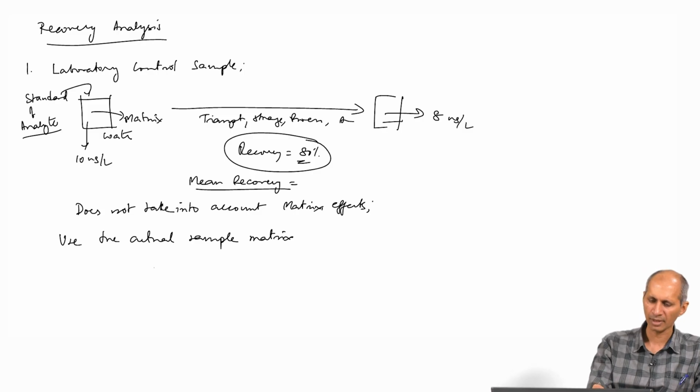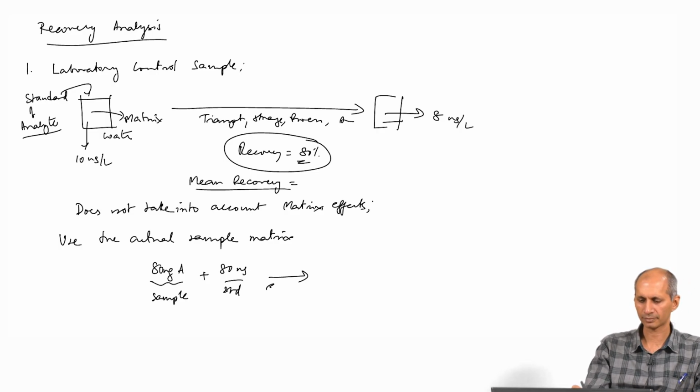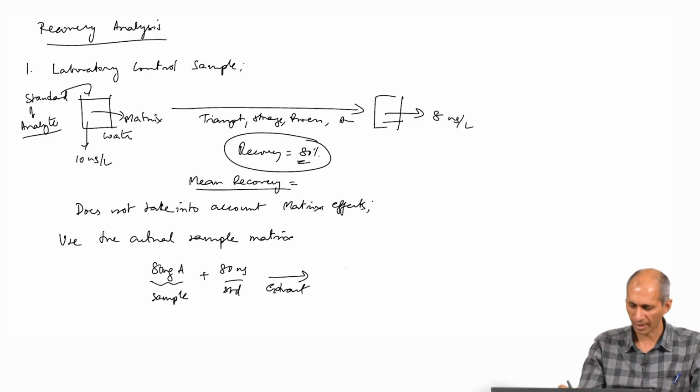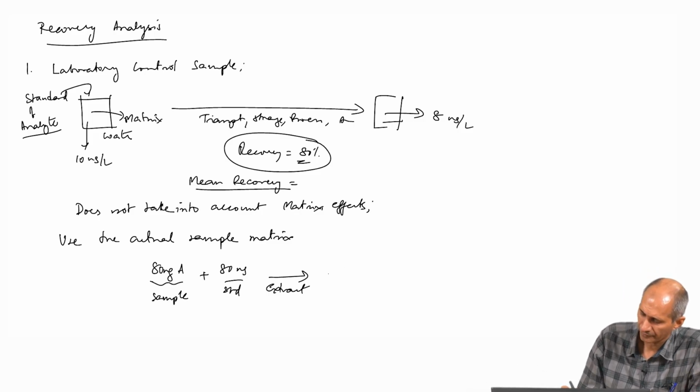So, for example, let us say I have 80 nanograms of A that is already there in the sample, to which I add 80 nanograms of the standard. I extract, and I end up with, say, 100 nanograms in the final extract.